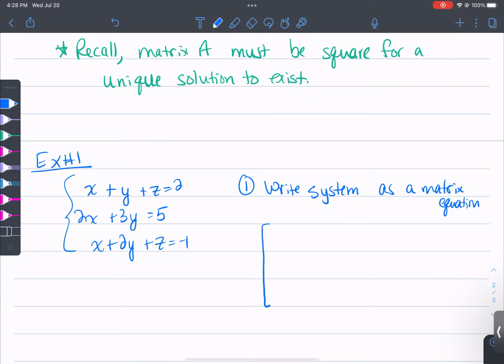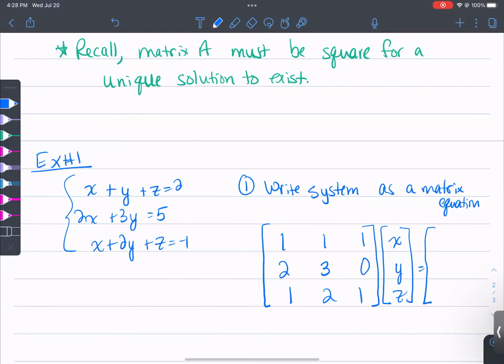So we get our square matrix of coefficients. Our letters will be X, Y, and Z. So our second equation doesn't have a Z, so we put a 0 placeholder. So that coefficient matrix times the column matrix of our variables will be equal to the column matrix of our constants.